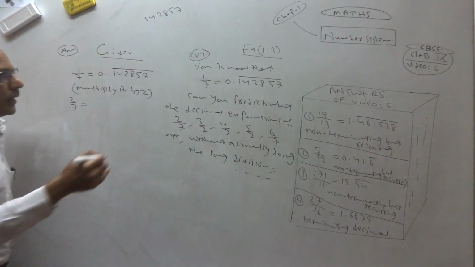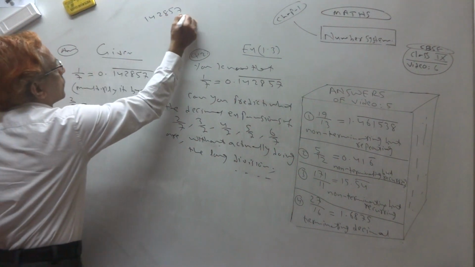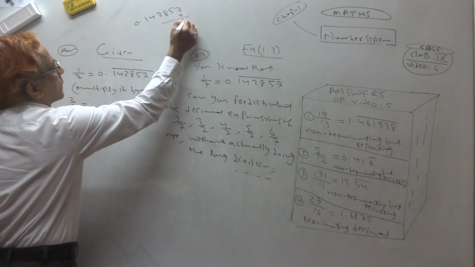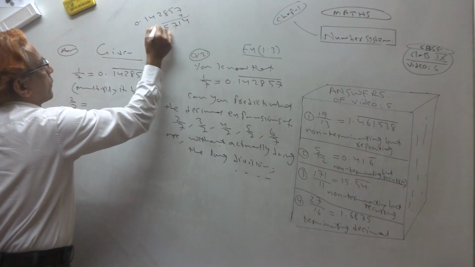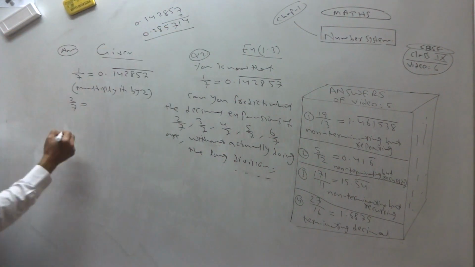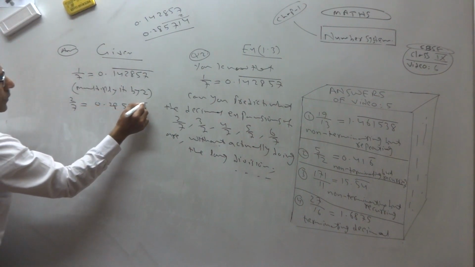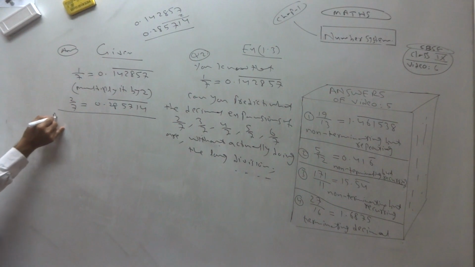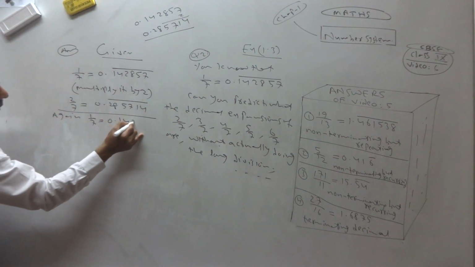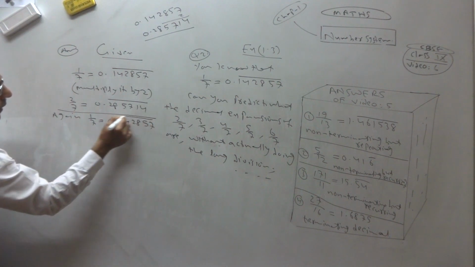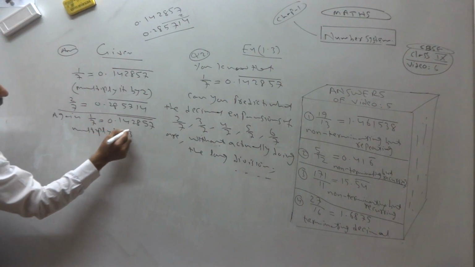So 2 into this simply. 142857, you multiplied by 2. So you are getting this answer, 0.285714 bar. Finished. Again, 1 by 7 is there, right? This is given, right? Now multiply by 3.